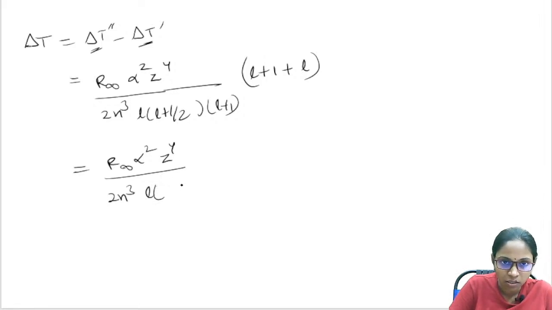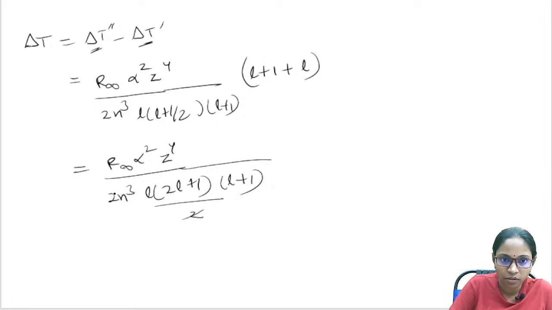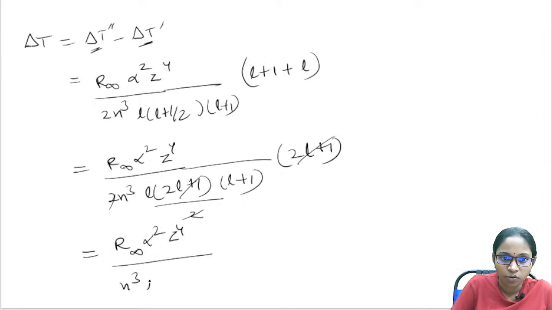Rewriting this equation, it is 2L plus 1 into L plus 1, divided by 2. The 2 cancels, and L plus 1 plus L is 2L plus 1. You observe that 2L plus 1 gets cancelled. Therefore we are left with R infinity alpha square z power 4 by n cube into L plus 1.